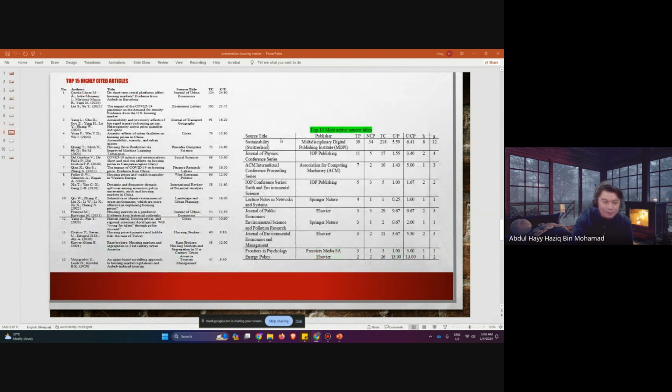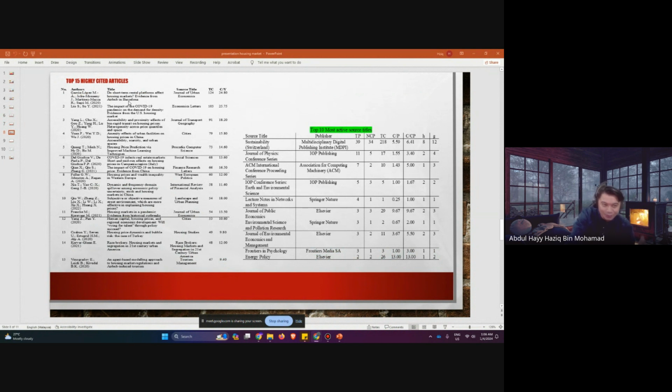Okay, and then this is the top citation article. We have Gracia here, and they look at how the short-term rental platform affects the house markets, with evidence from Airbnb in Barcelona, and they gained a total of 124 citations.